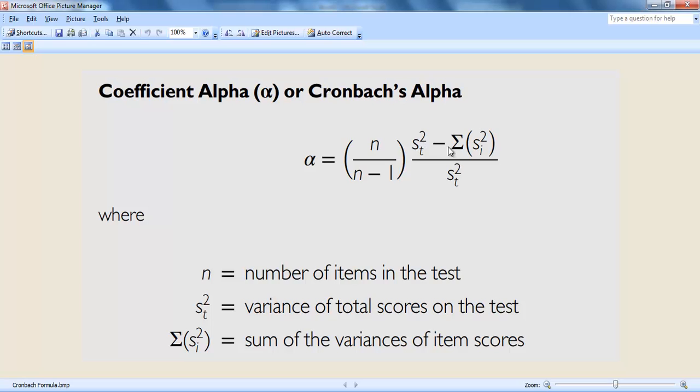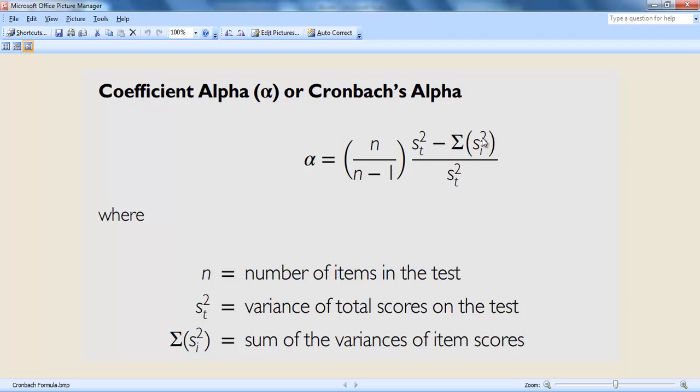So next, what is this summation of S sub i squared? So we need to get the variance of each item. So S sub i squared is the variance of an item.